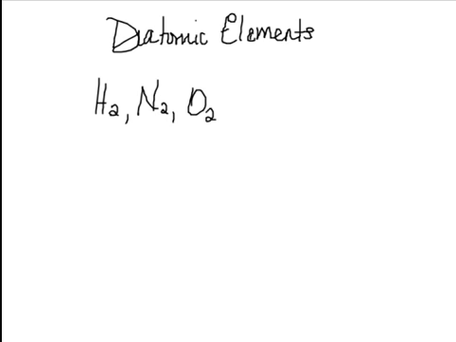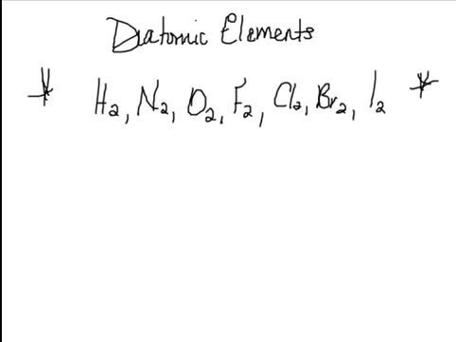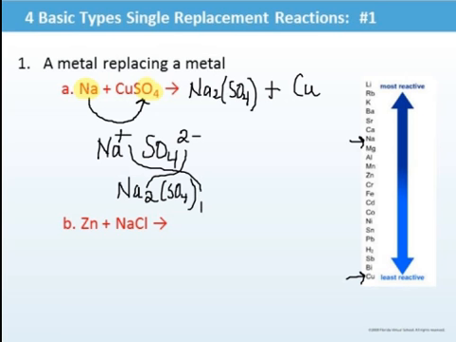Now remember, this is when they are by themselves, not in a formula. These are the diatomic elements, and if you notice, they're nonmetals. When we're looking at single replacement reactions, you're going to have an element that goes off by itself. Please double check to make sure that it's not a diatomic element.